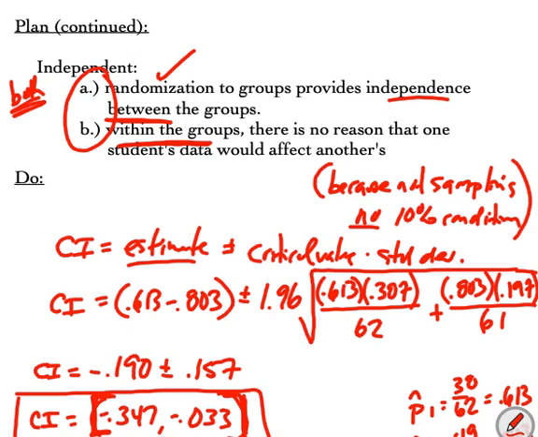But it was really important to establish independence between the groups. The randomization creates two groups that should be roughly independent from each other. And within the groups, the subjects aren't really interacting with each other a whole lot. They're not affecting one another's responses or need for those social services later as adults.